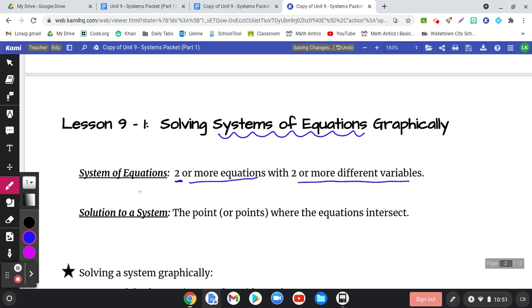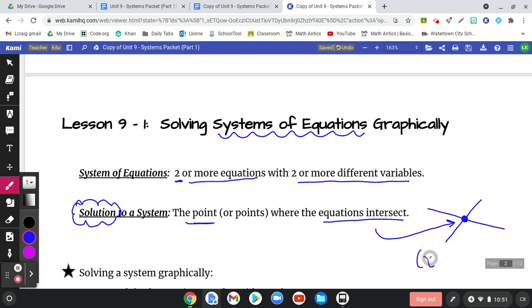And a solution, you'll hear that word quite a bit, is basically the point or points where the equations intersect. So if you draw two lines, this point right here where they cross is your answer. And just remember, every single point has an x value and a y value.